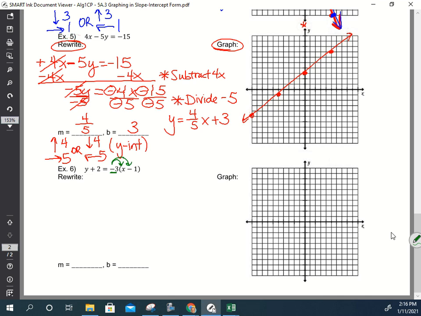So we're going to distribute first. That's y plus 2 equals -3 times x is -3x. -3 times -1 is +3. So we distribute.